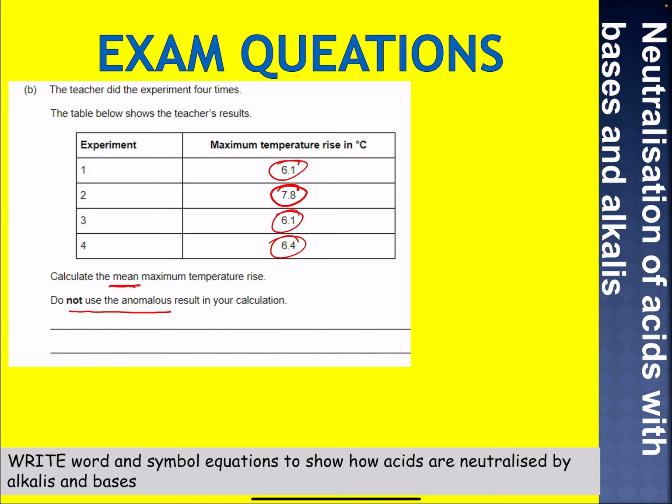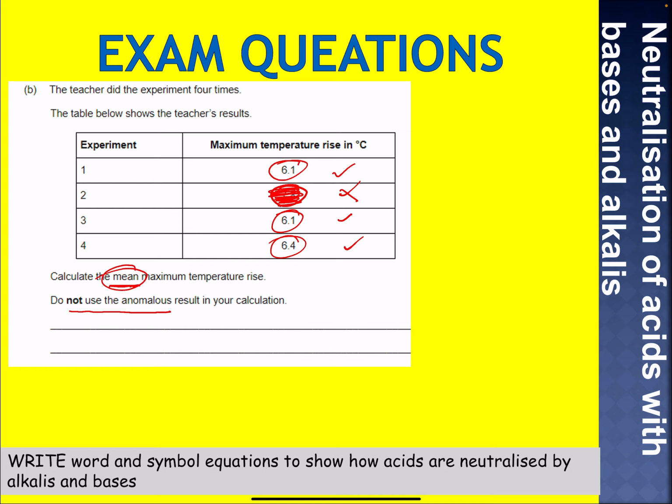Now, out of the 4 results here, one of them is an anomalous result. An anomalous result is a result that does not fit a pattern. So the one that doesn't fit the pattern is this one here. So when you work out your mean, your average, do not use this result.